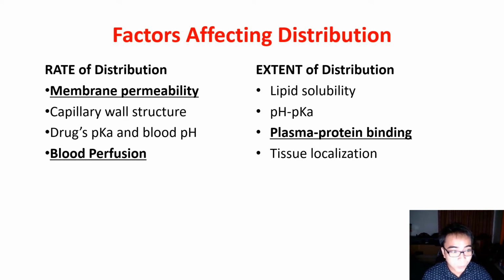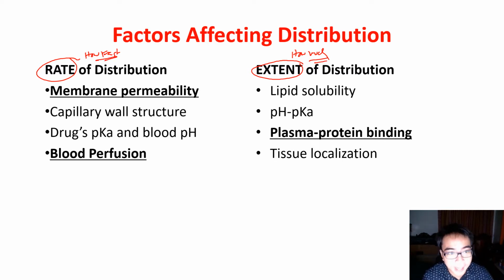Specifically, class, we can classify these factors as those affecting the rate of drug distribution versus those affecting the extent. Remember, class, when we talk about rate, we're talking about how fast. And when we talk about extent, we're simply talking about how much of the drug is being distributed. So what are those factors?